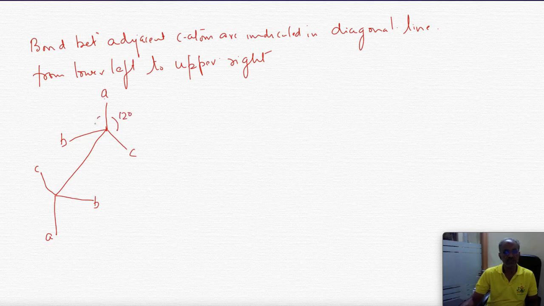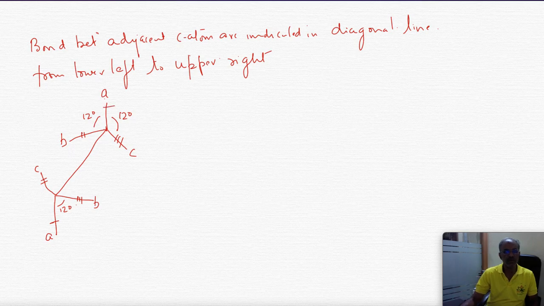Again similarly here it will be 120 degree, and here also 120 degree. Now this bond is equal to this bond. The second one is equal to this, and the first one is this.